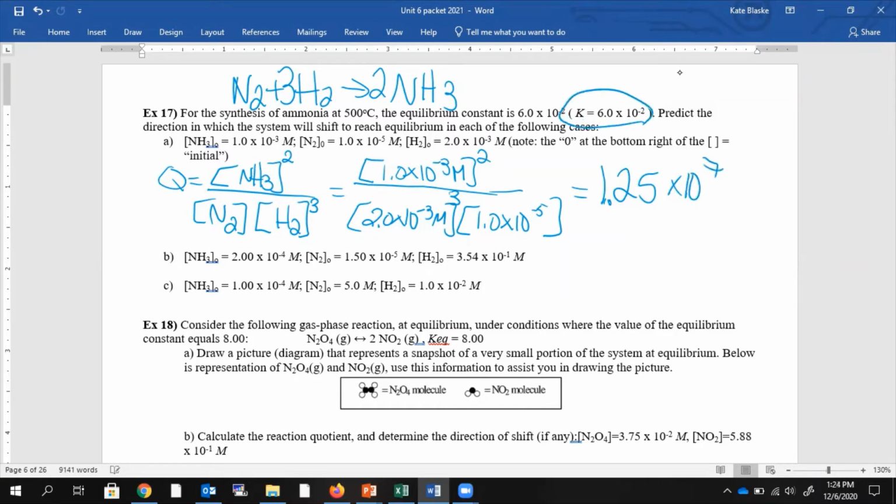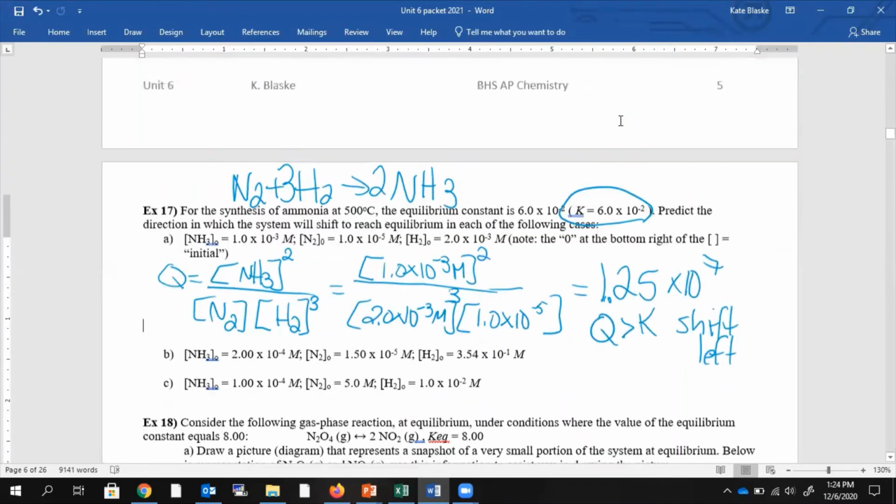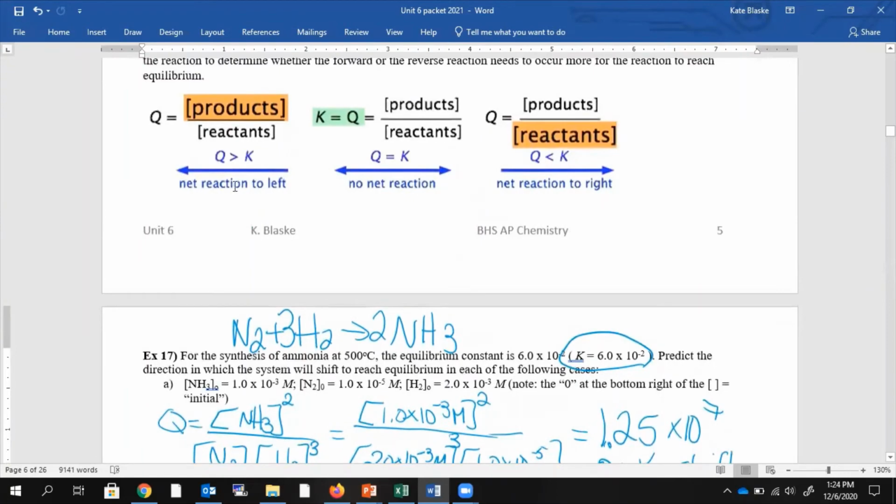So comparing that to my K, my Q is way bigger than my K. If that is way bigger, it means I've got too much product, not enough reactant. So I'm going to shift back towards the left to make more reactant. So we're talking about this situation where my Q is way bigger than my K.